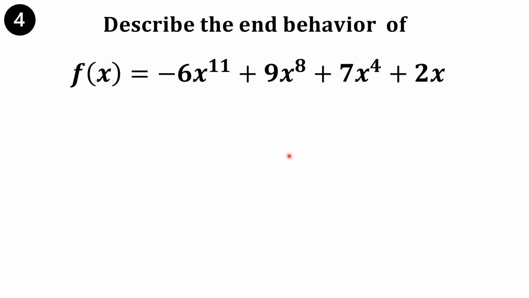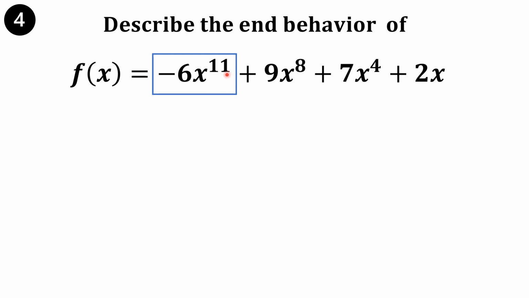Example number 4. Describe the end behavior of f of x equals negative 6x raised to 11 plus 9x raised to 8 plus 7x raised to 4 plus 2x. The leading term is negative 6x raised to 11.